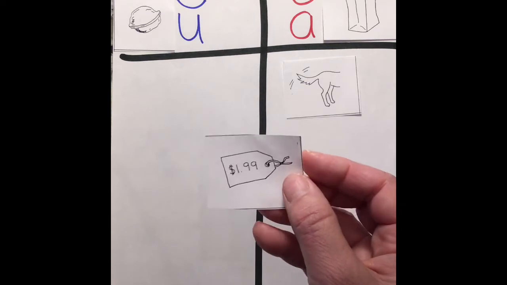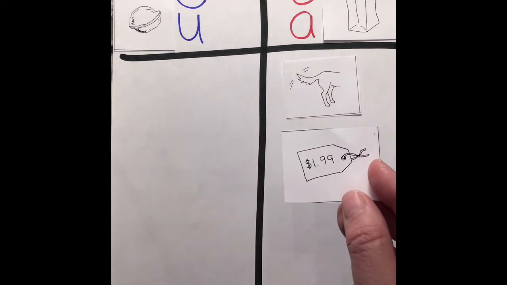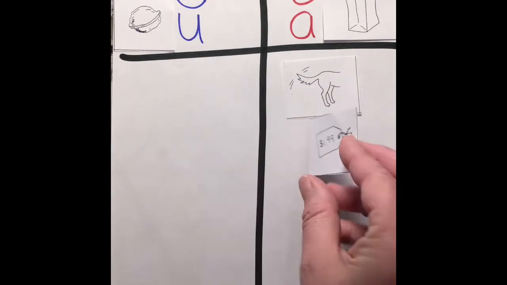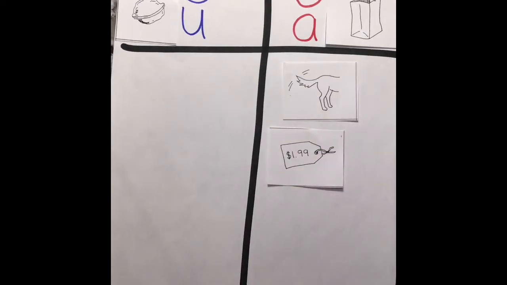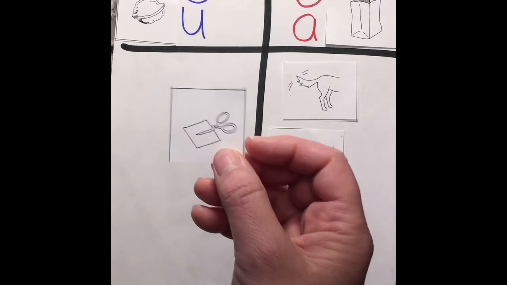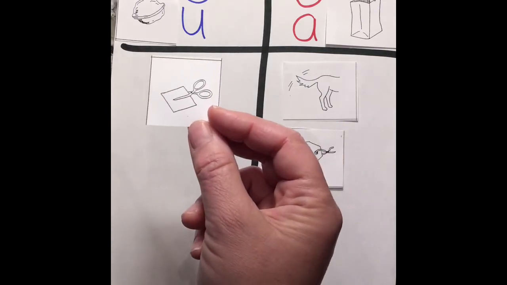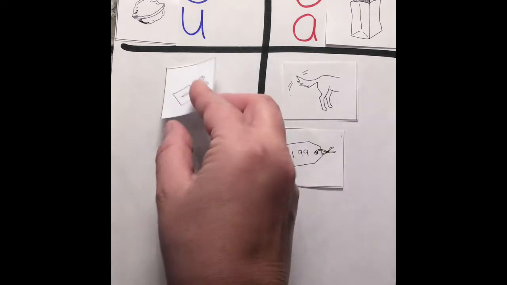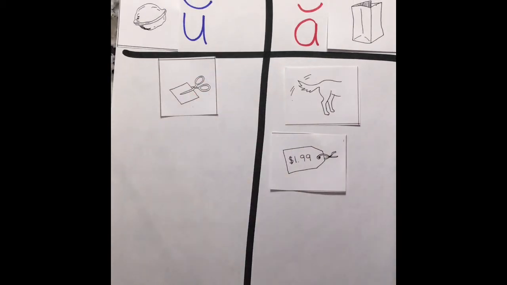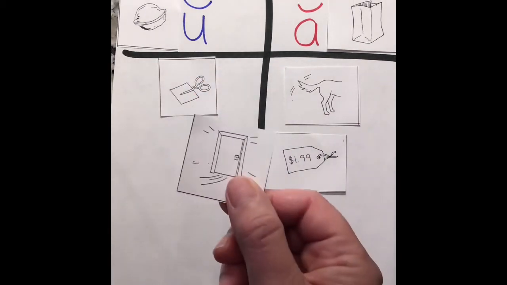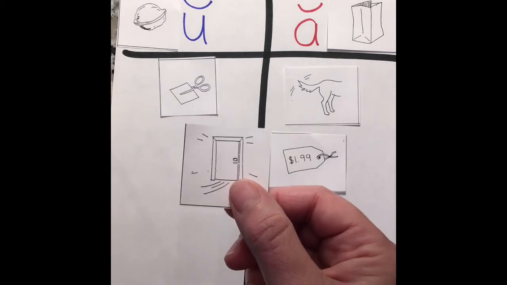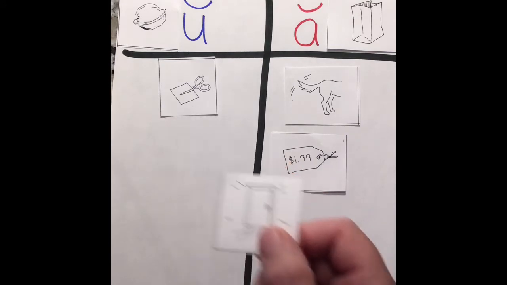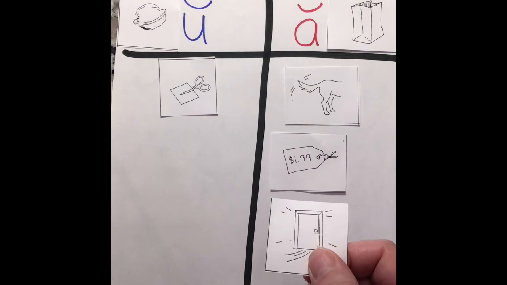Does tag sound like wag and bag or nut? There you go. And then we have cut. Say that. Does cut sound like nut or bag? There we go. The next picture is shut. Say that. Does shut sound like cut or like wag and tag?